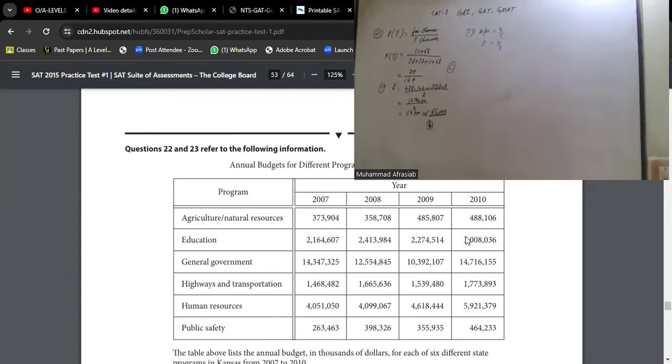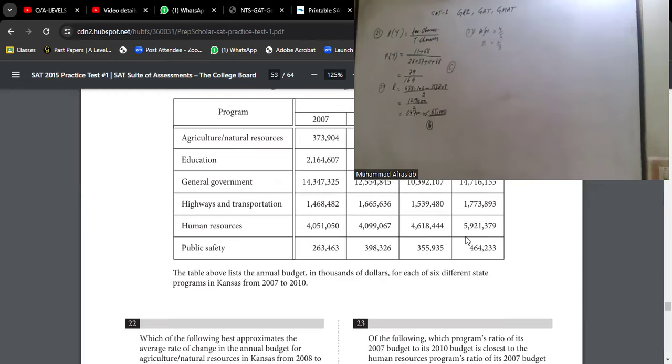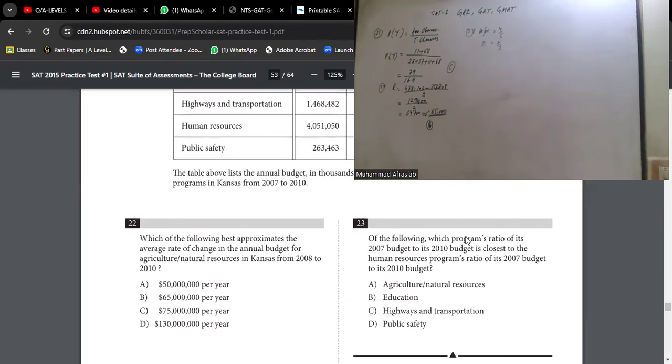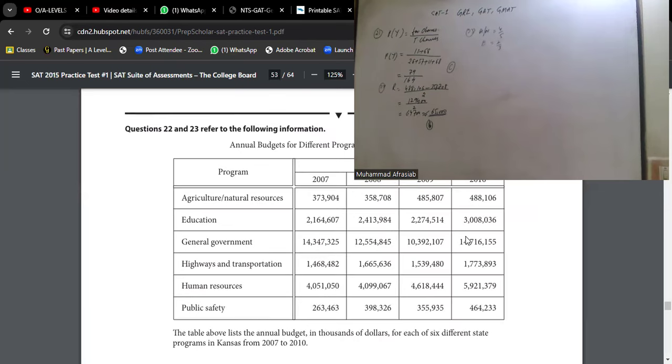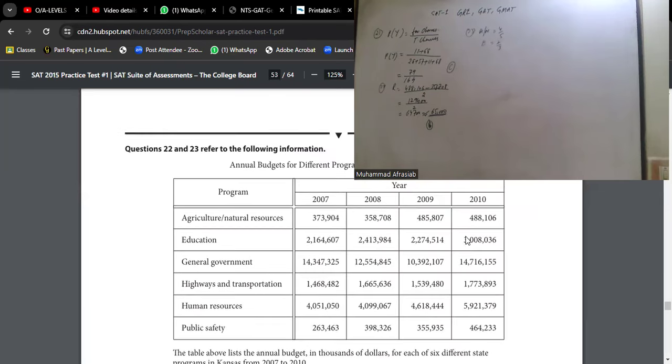Then highway and public safety. Highway has 1 and this is 2. So the highway ratio is 1/2.